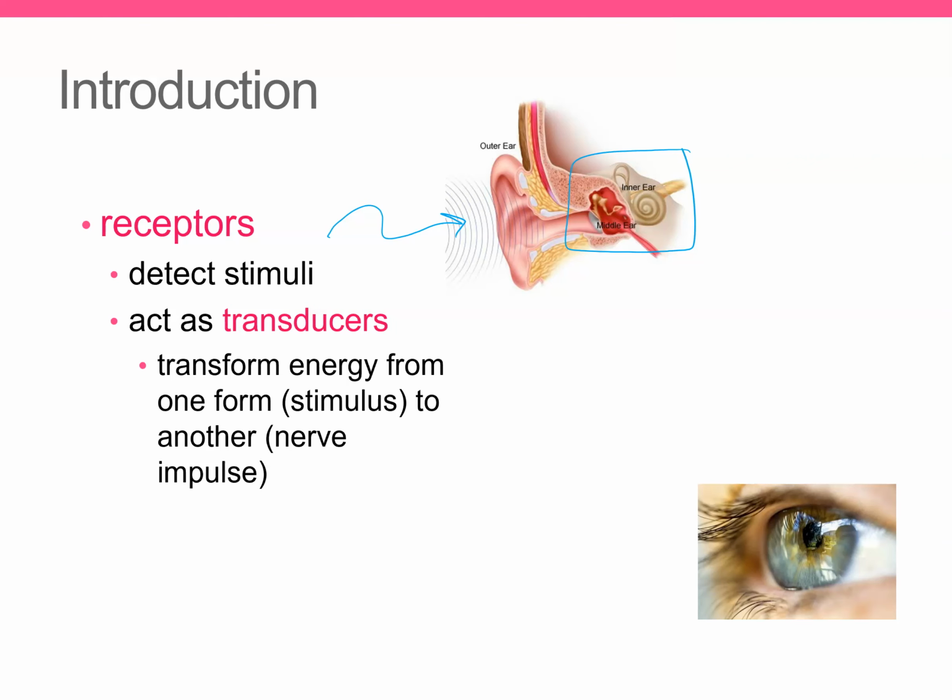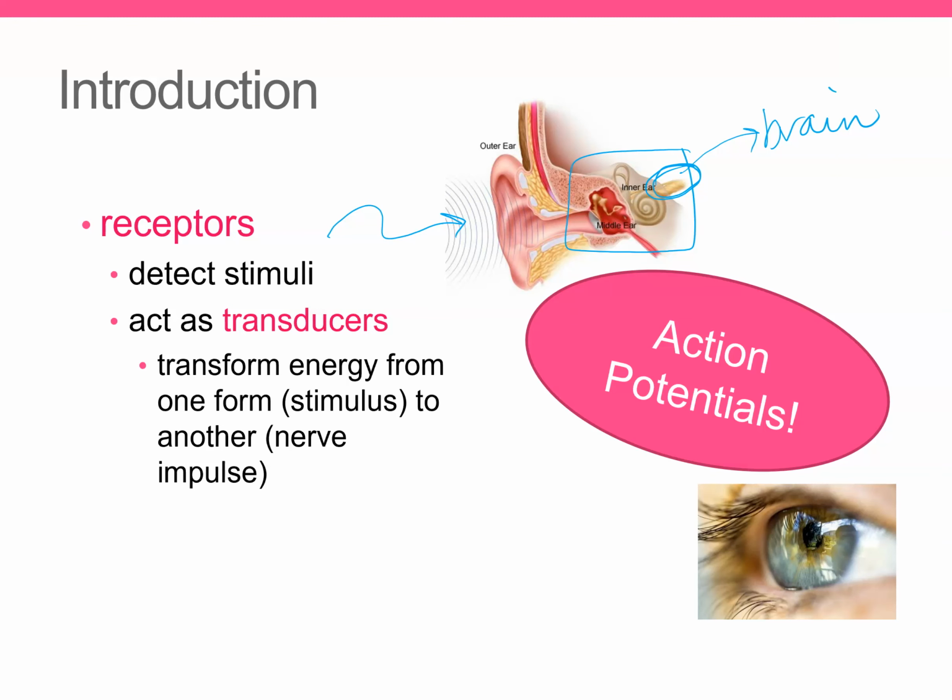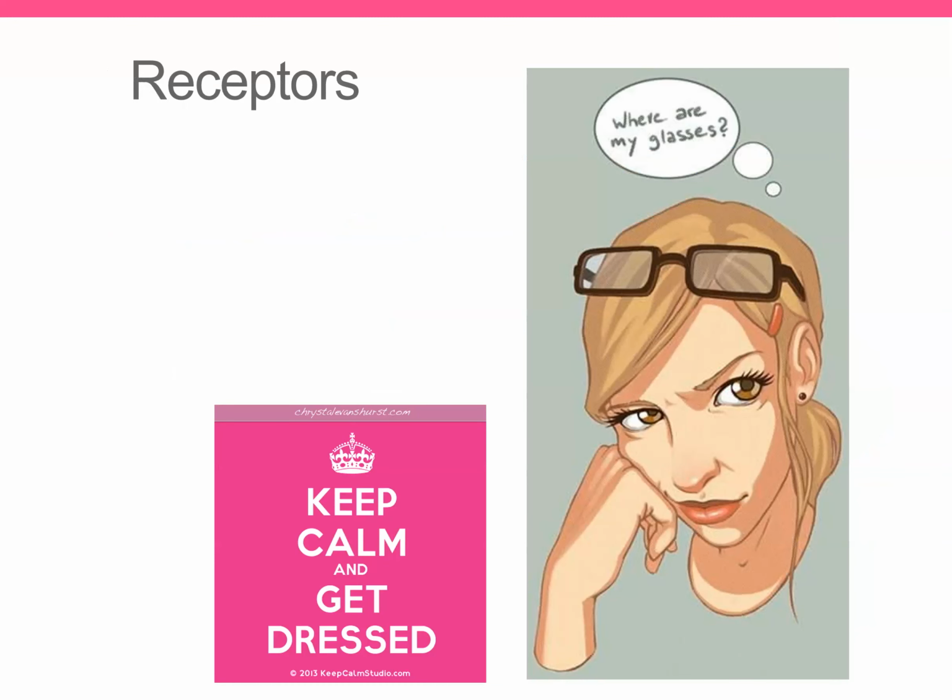You're transforming this sound wave energy into hearing, essentially, through cranial nerves sending action potentials to your brain. And similar stuff is happening in your eye with vision. So you're transforming light energy into action potentials, and that action potential travels to your brain where it's integrated. So way more on those specifically as we get to the different sections of this chapter.